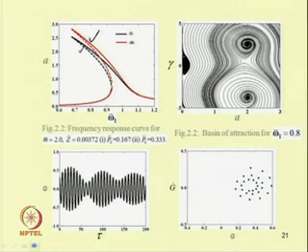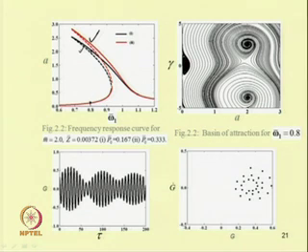This is one stable state and this is the other stable state, and this branch is an unstable state. So we have two stable solutions and one unstable solution.